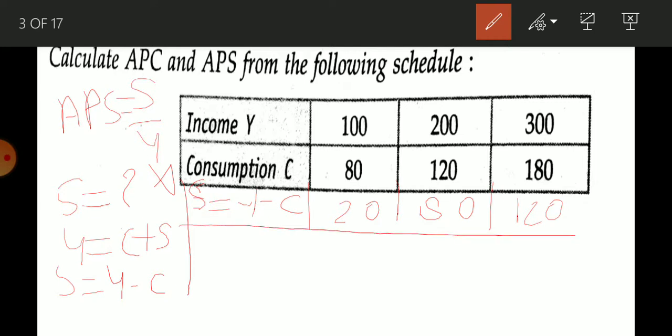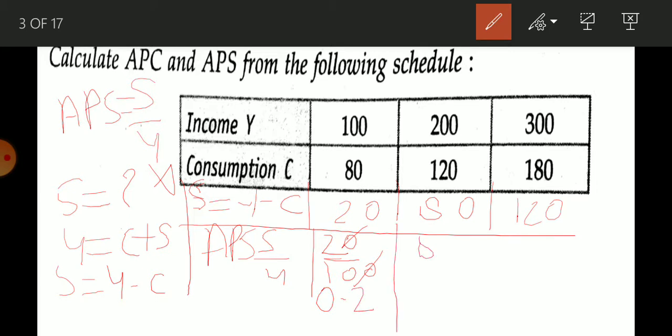So now we are able to calculate the value of APS, that is S upon Y. So it will be 20 upon 100. When we divide it, we get 0.2. Next is 80 upon 200.